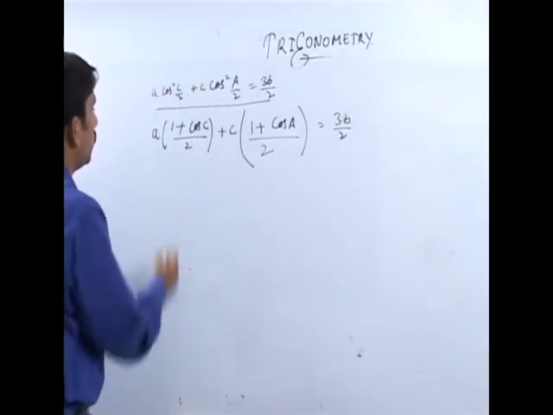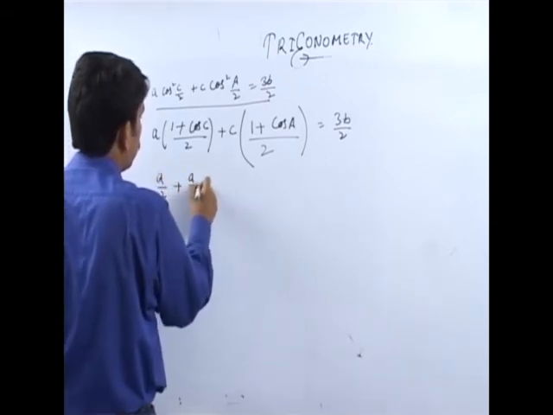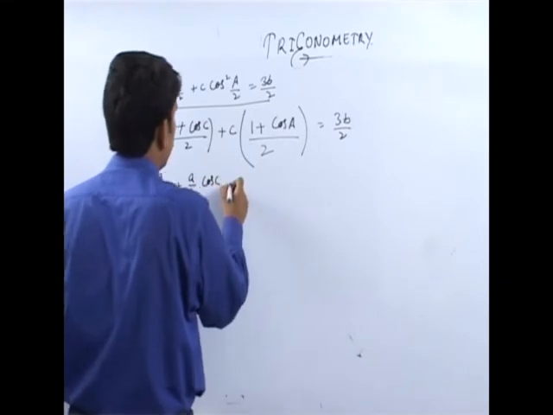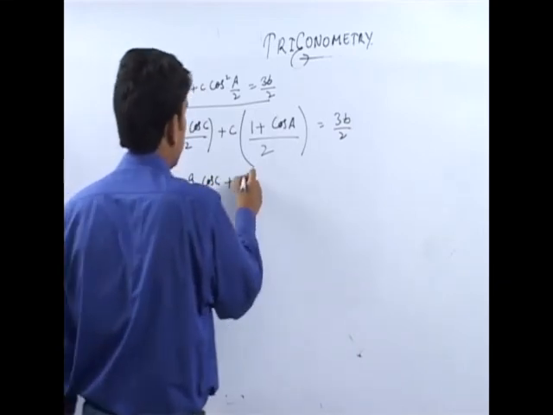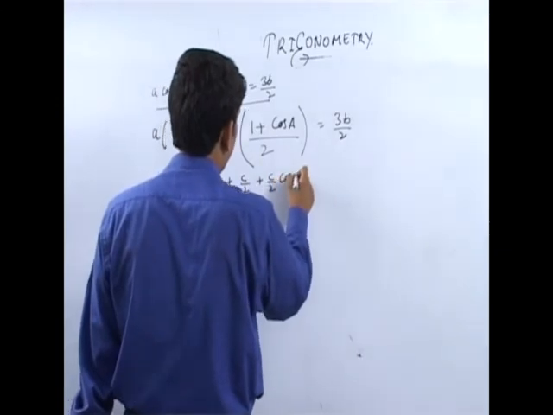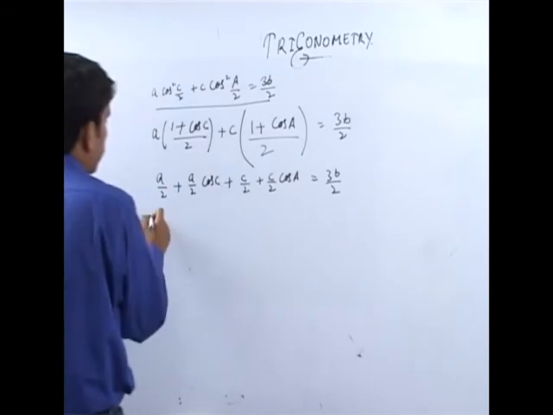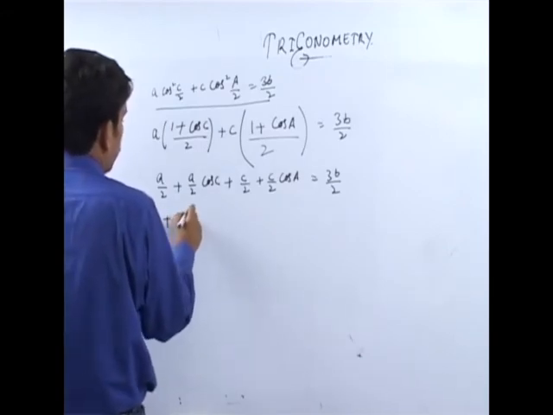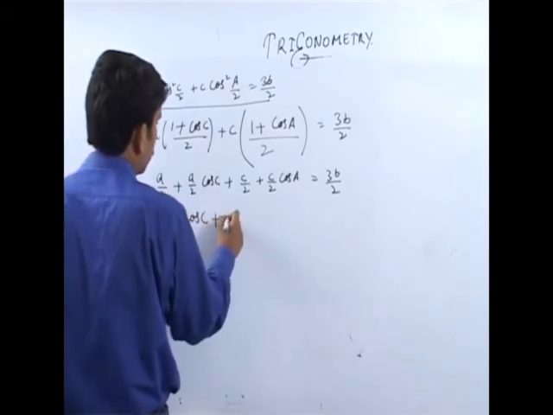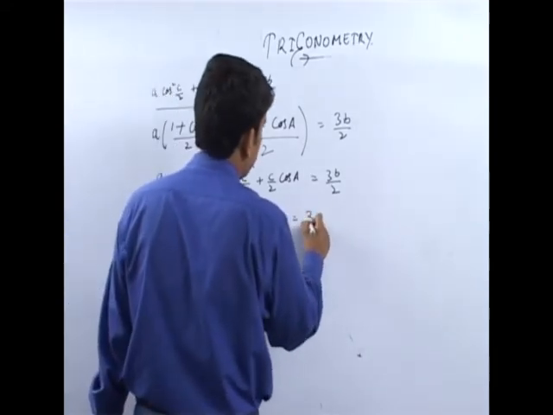Now this is a by 2 plus a by 2 cos C plus c by 2 plus c by 2 cos A is equal to 3b by 2. Or you can write a plus a cos C plus c cos A is equal to 3b.